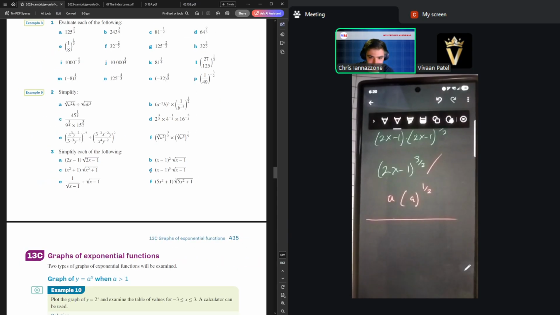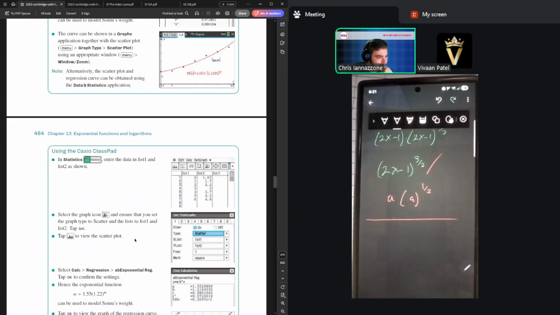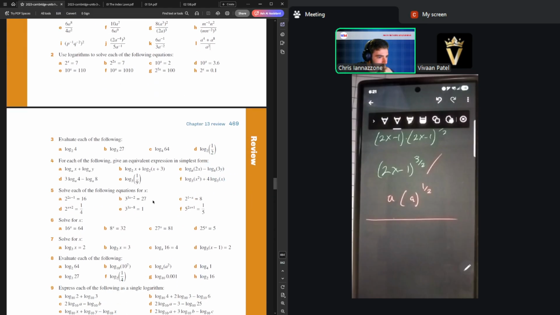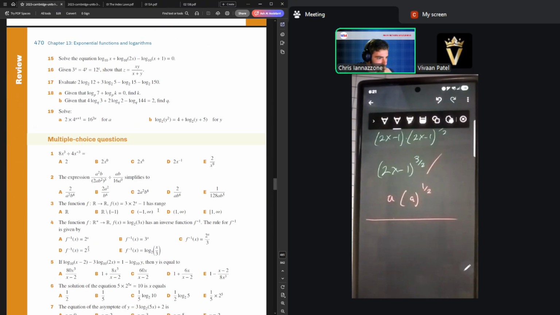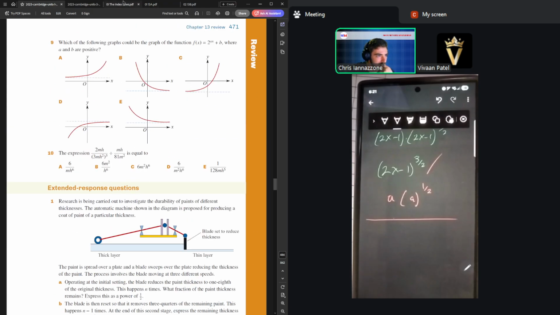Cool. Okay, still got a bit of time left. So let's see if I can spot any of these in the chapter review. Chapter 13. None of those were fractions. And the rest is extended response.